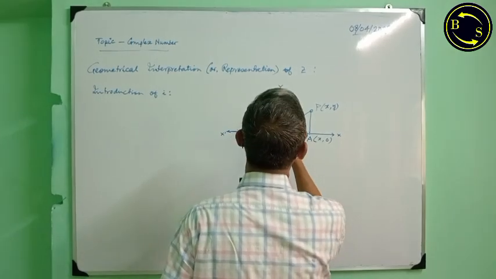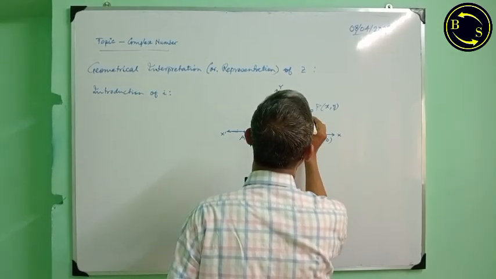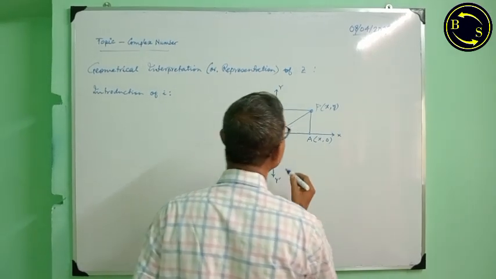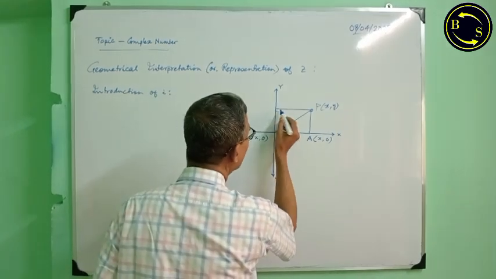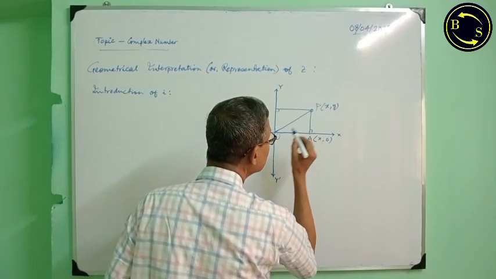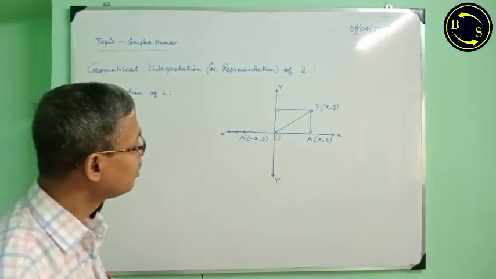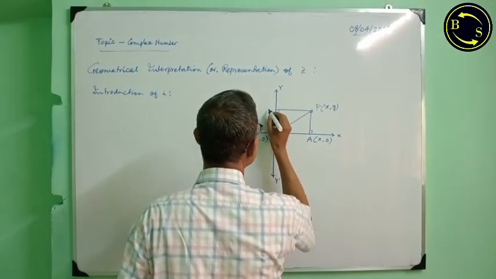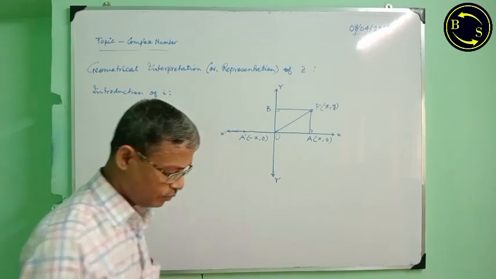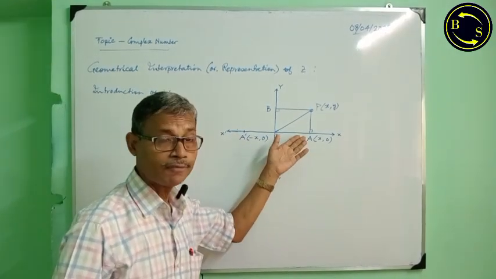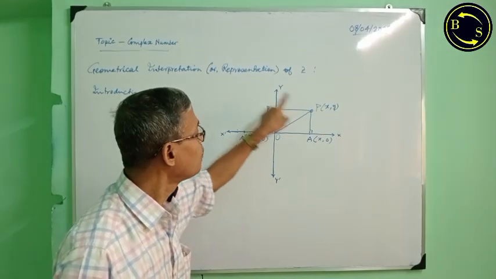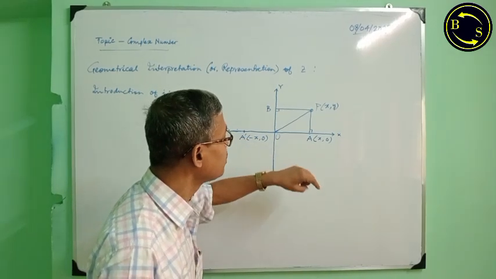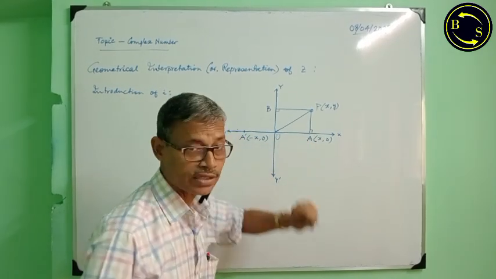If we draw perpendiculars from P on the x-axis and y-axis, then OA is equal to this length, if I call this PB, that is equal to OA, the distance of P from the y-axis, and y is the ordinate, which is the distance of P from the x-axis.